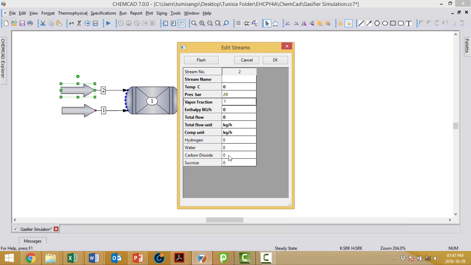The flow rate of steam also is given in kilomole per hour, which is 7.17, as we have seen from the stoichiometry. Then we can flash this to see if it's complete, and then we get the saturation temperature of steam at 20 bar. You can confirm with your steam tables to see if this is correct.